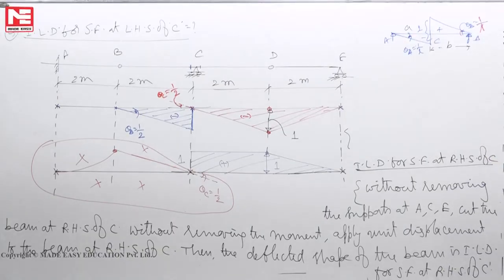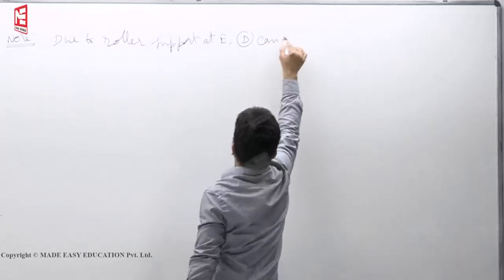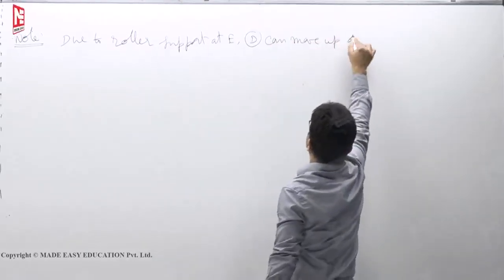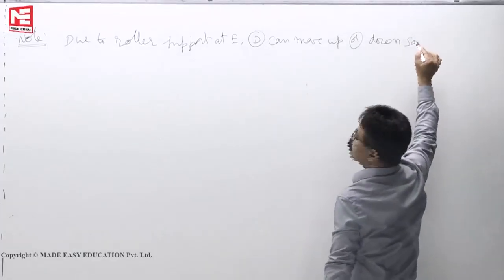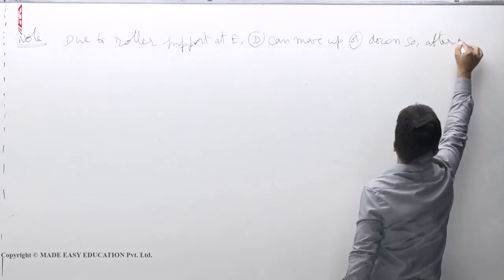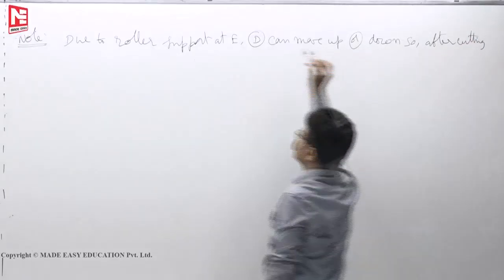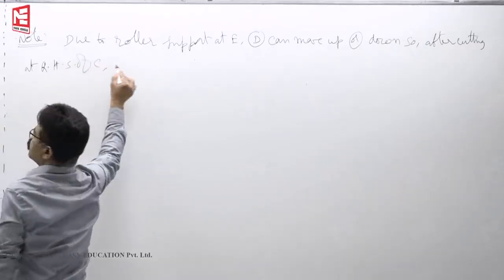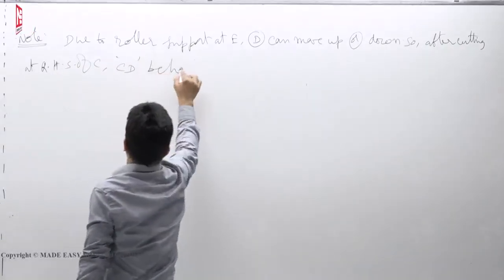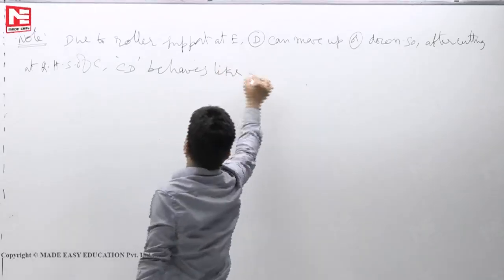This is the reason: due to the roller support at E, D can move up or down. So, after cutting at RHS of C, CD behaves like a cantilever beam.